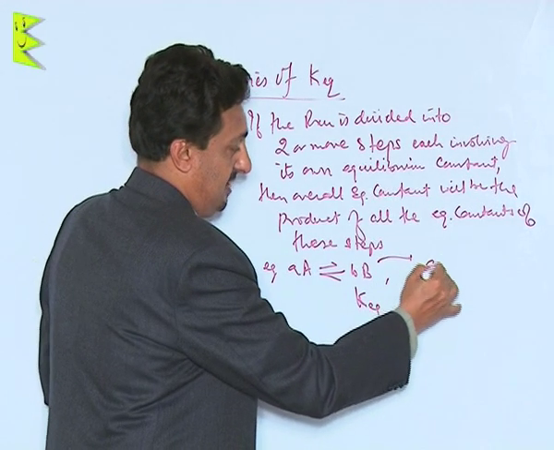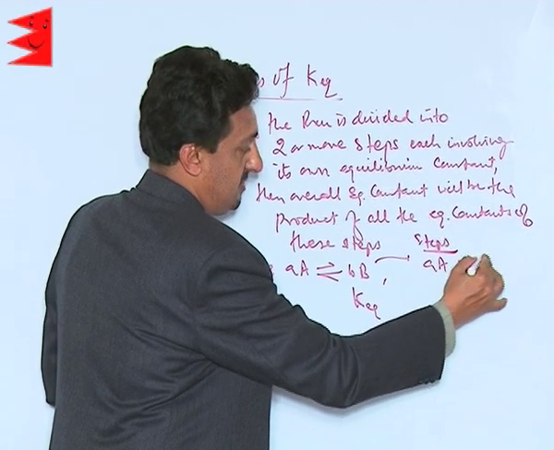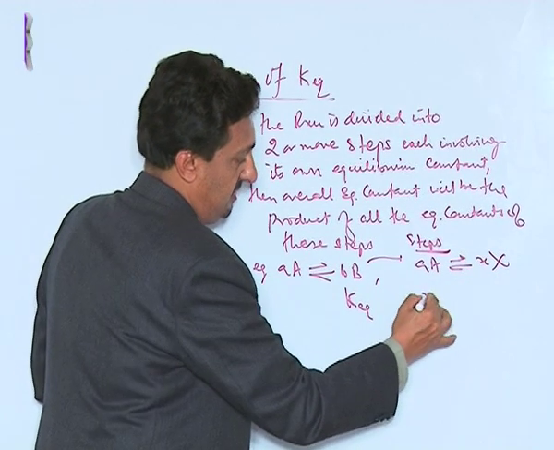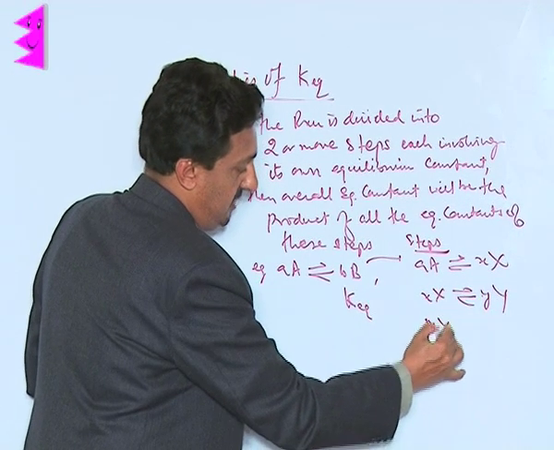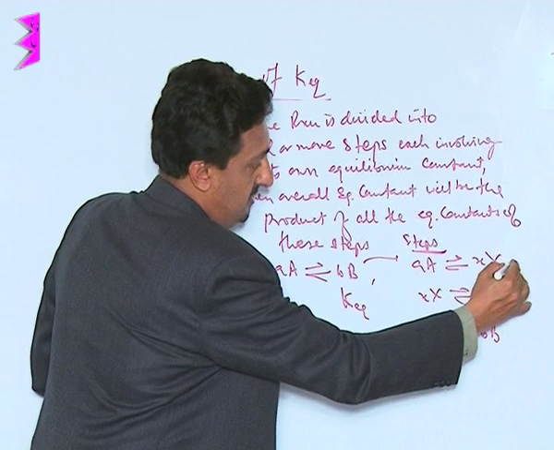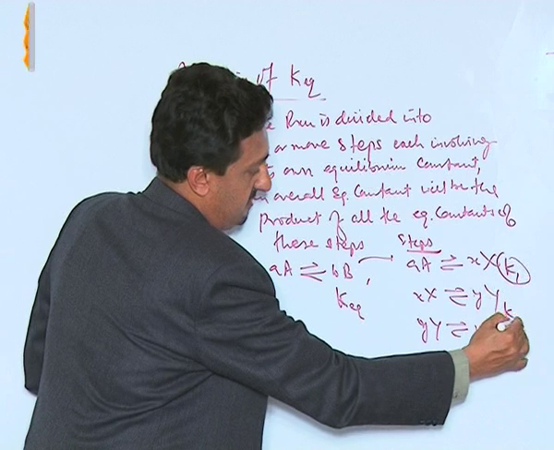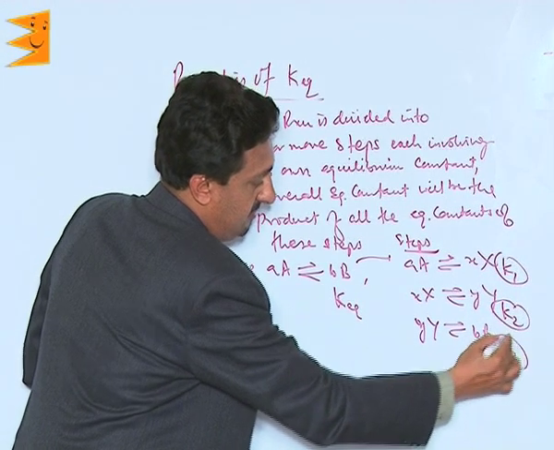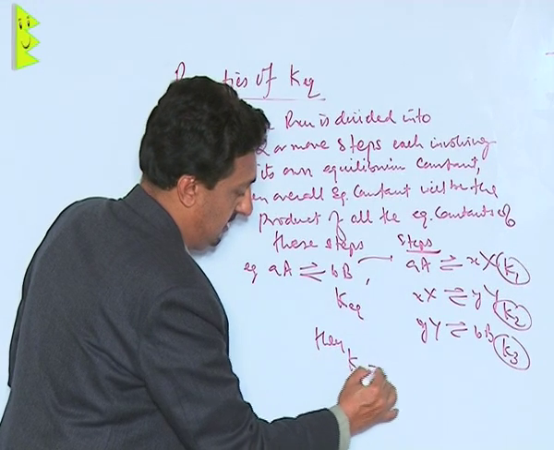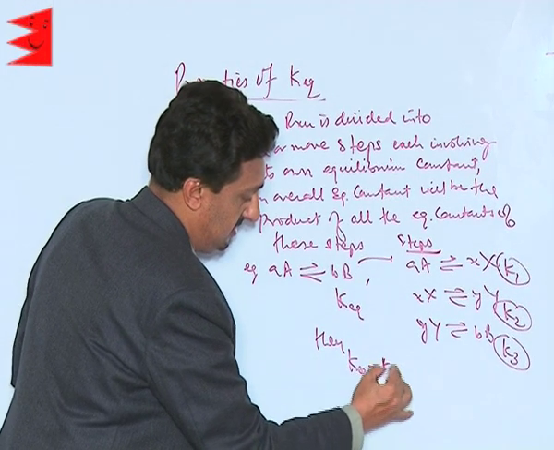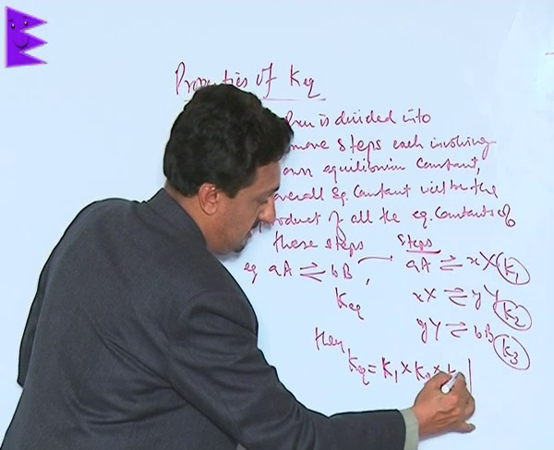Now this same reaction is allowed to take place in steps: a moles of A gives you x moles of X, then this x moles of X gives you y moles of Y, then this y moles of Y gives you b moles of B. Its equilibrium constants are K1, K2, and K3, then this K equilibrium is K1 into K2 into K3.